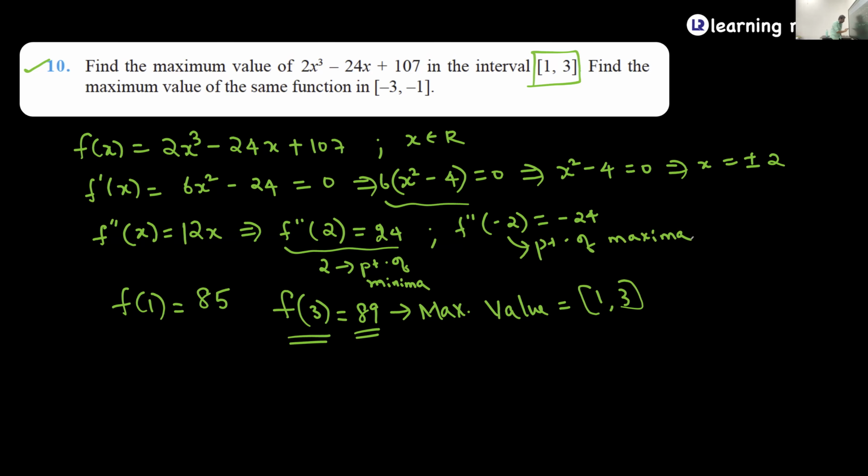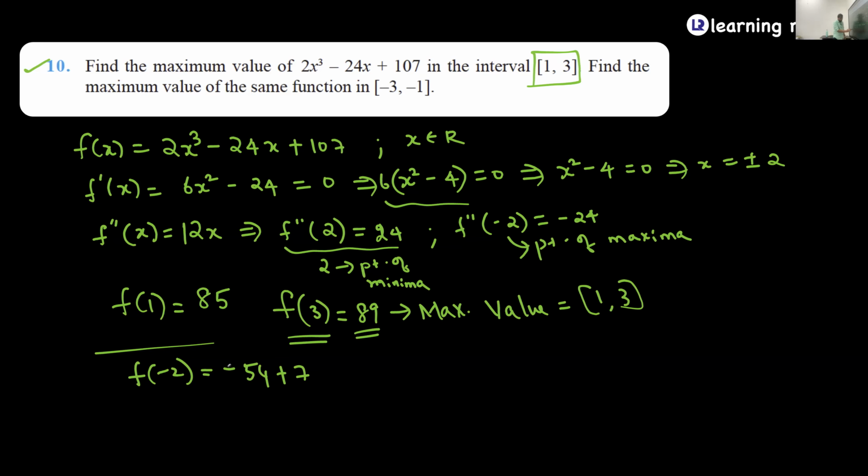What is f of minus 2? Minus 27, right, minus 27 into 2 is minus 54. Oh, 2 cube, sorry.